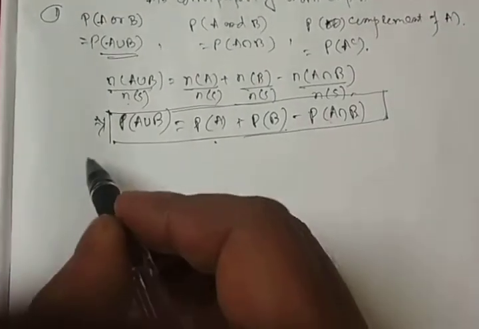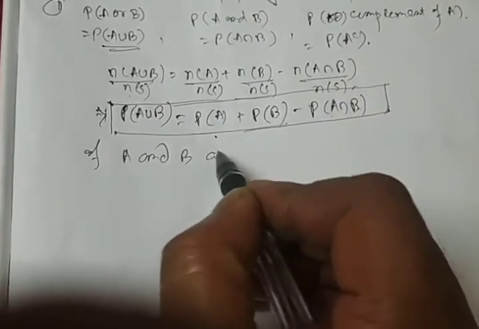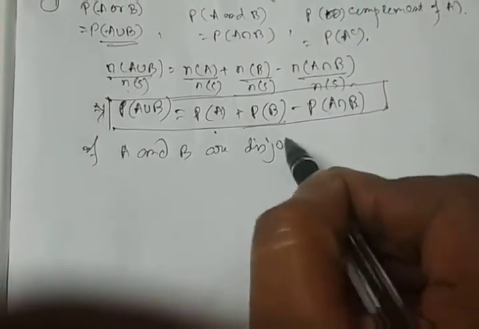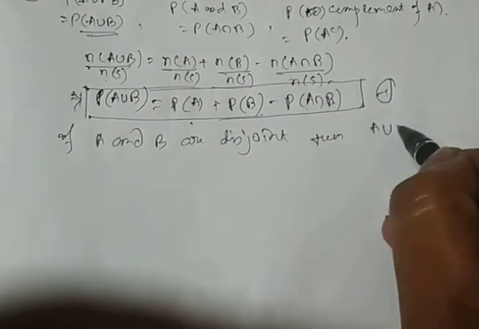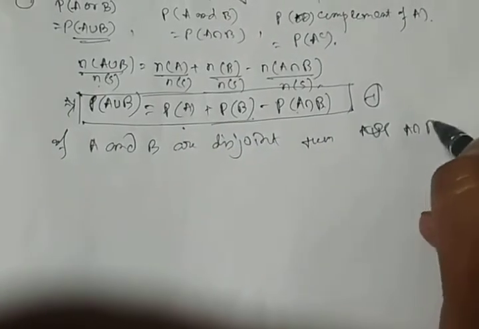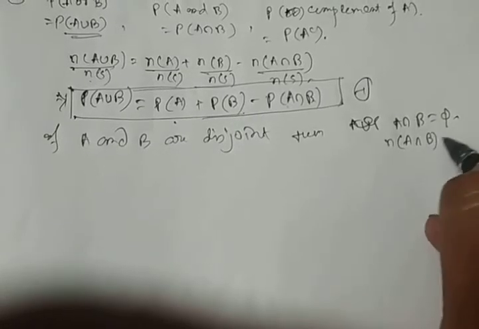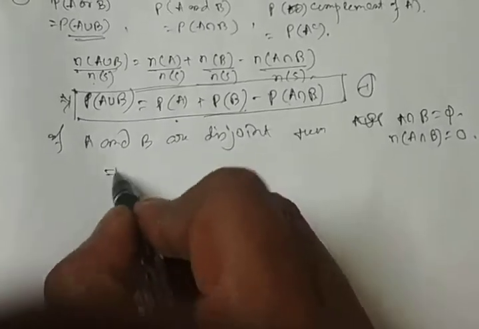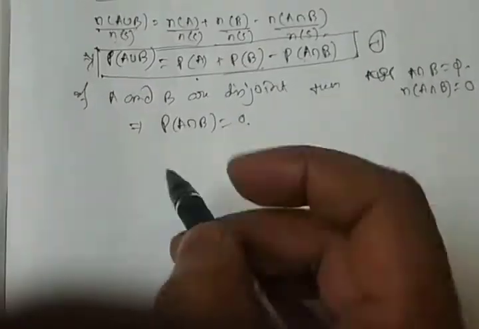Now if A and B are disjoint, this is the second property, then A intersection B equals phi. That means n of A intersection B equals 0. So in that case P of A intersection B will be 0.